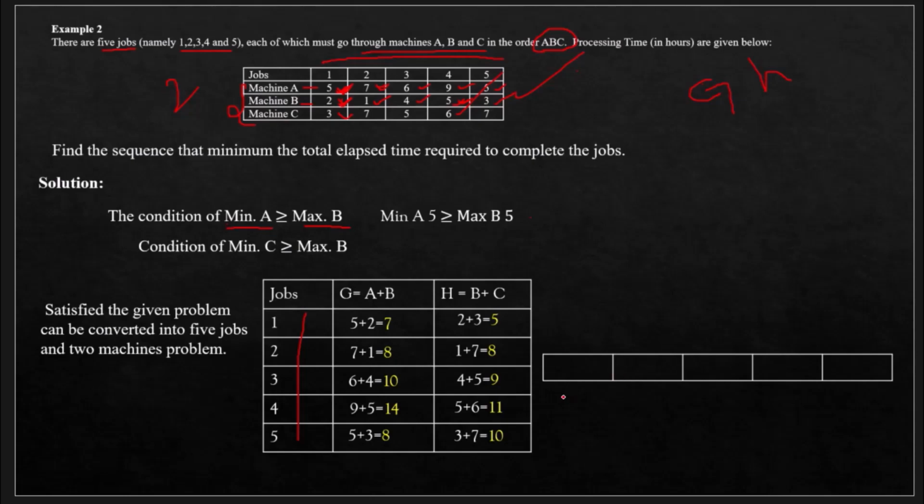If you identify the least processing time in machine G, you place the job from left to right. If you identify the least processing time in machine H, we'll place the job from right to left.